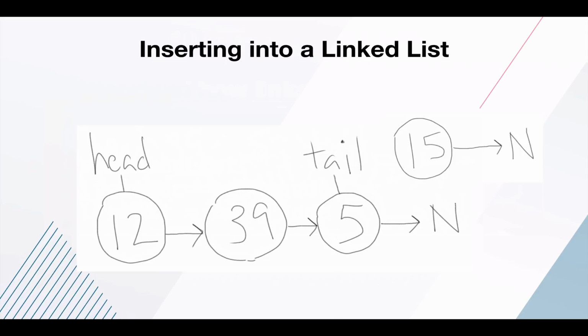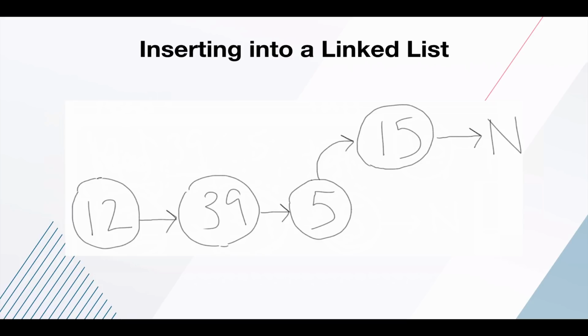So 15 is essentially going to become the new tail, and because we know that, as we wrap it inside a new node, let's already up front have it point to none. Okay, so we wrap 15 in a new node, have it point to none, and then the next thing we have to do is move 5's pointer, 5's reference.